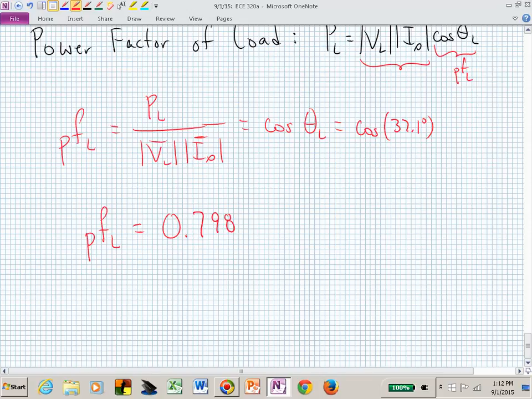Was this load inductive or was it capacitive in nature? It was inductive, so that means ELI, doesn't it? And where's I in ELI? It's lagging the voltage. So the power factor of our load is 0.798 lagging.